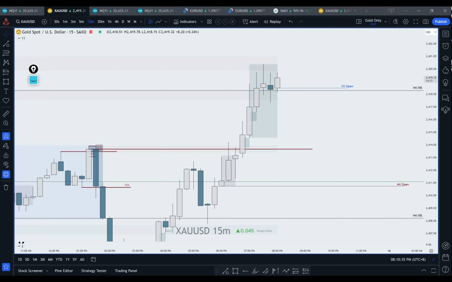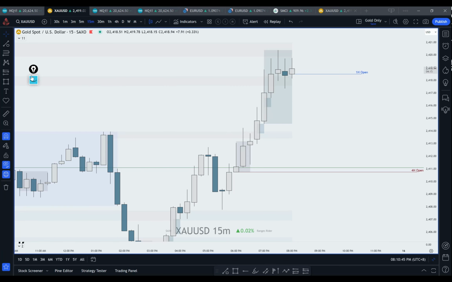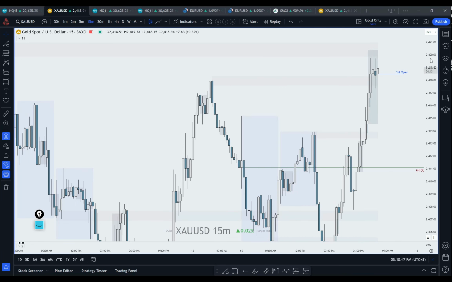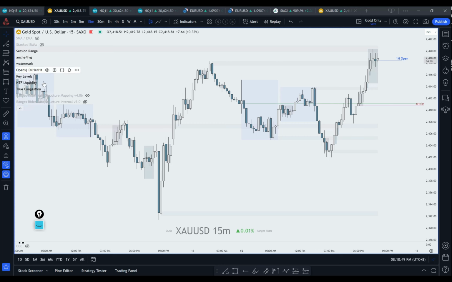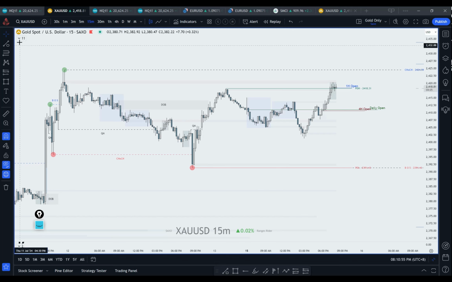So anybody have any other question? By the way, let's see the 15-minute range. What do we have? So this is the 15-minute range.